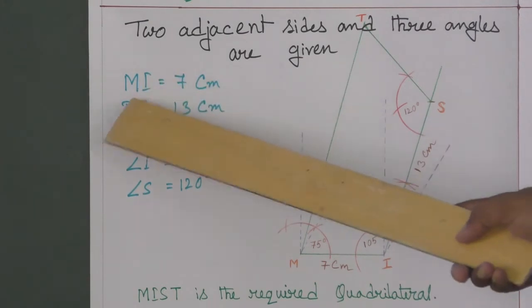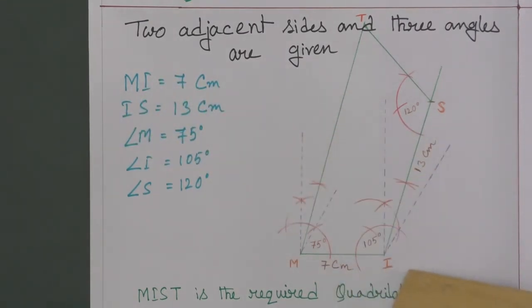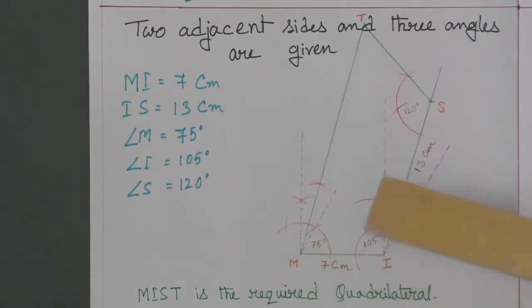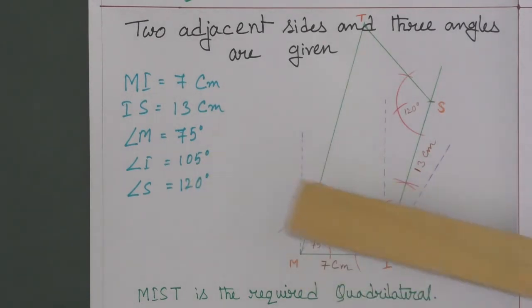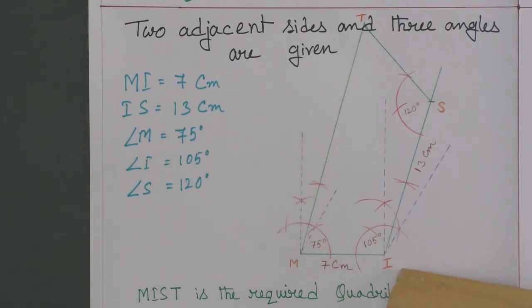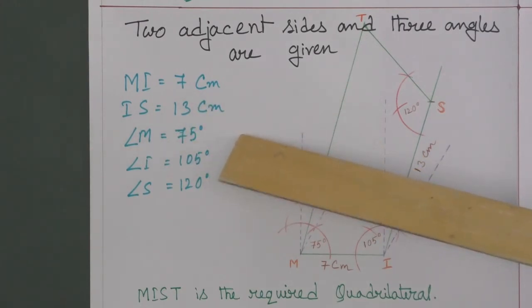Start with the first measurement, MI equal to 7 cm. First draw MI equal to 7 cm, then make an angle 105 degree at the point I. Then cut IS 13 centimeter.